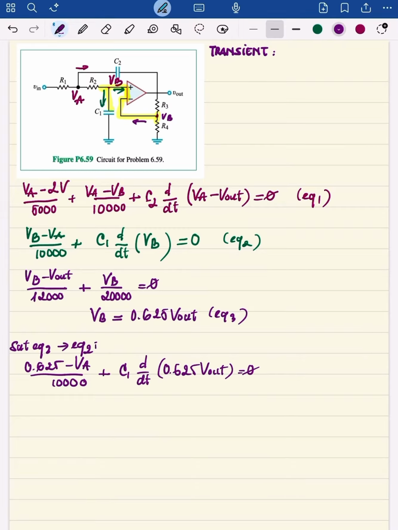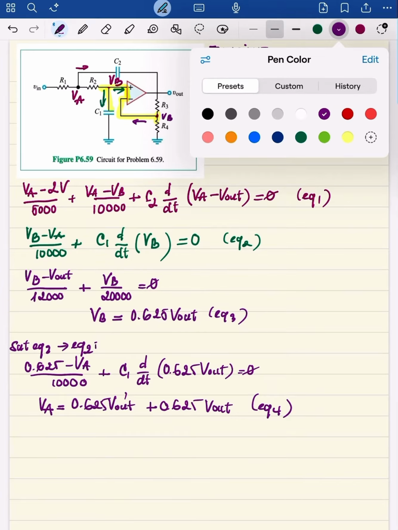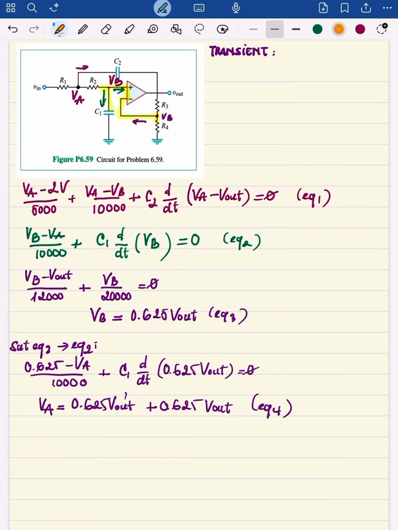When I solve it, I get VA equal to 0.625 V out prime plus 0.625 V out. I worked this out before, so I have the equation here, but I will post my paper writing with the extra algebra so you can see it.